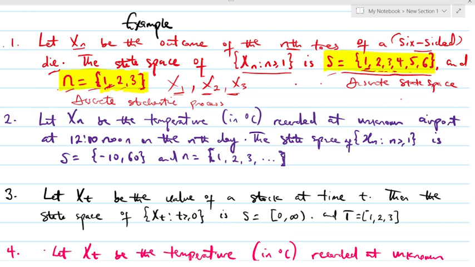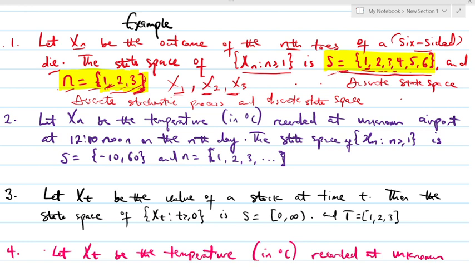So we now call it a discrete time, discrete state space stochastic process. So this example is a discrete time stochastic process because of this nth time, which is finite, and it has a discrete state space because of this state space.